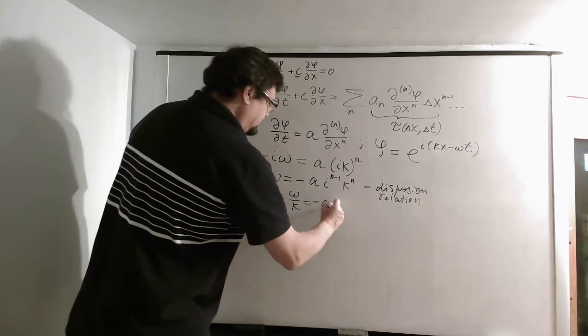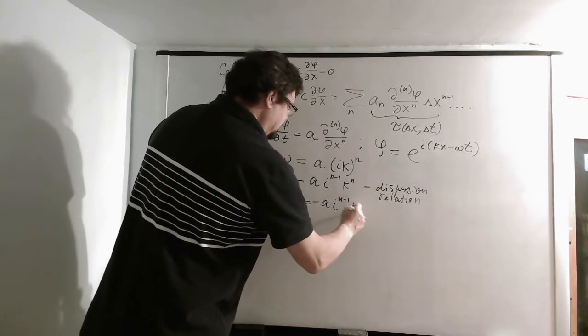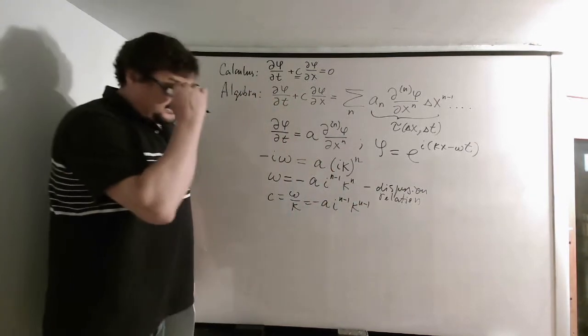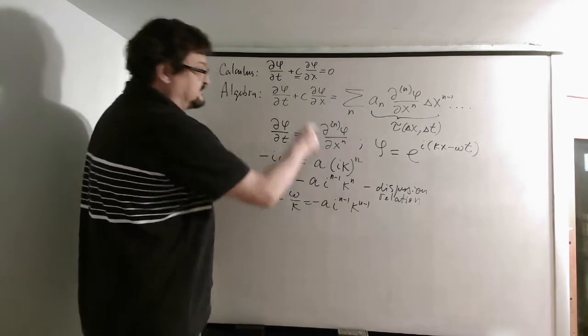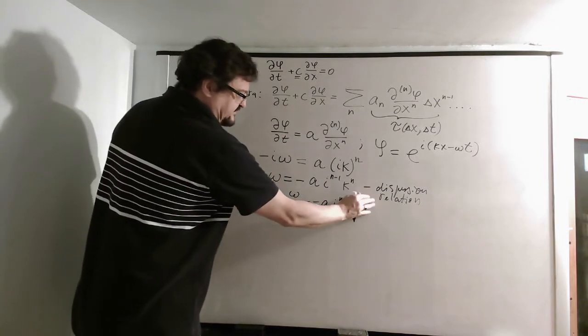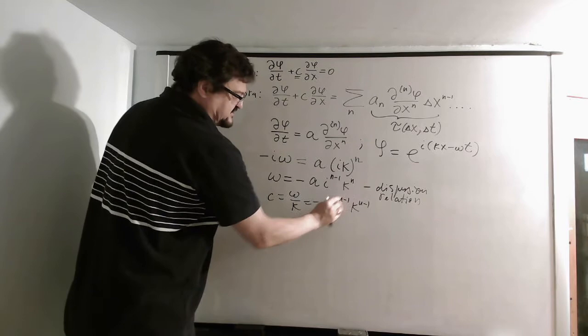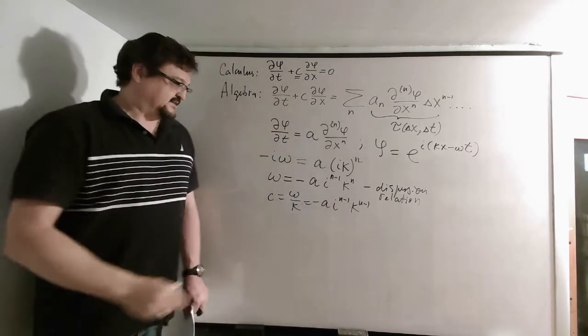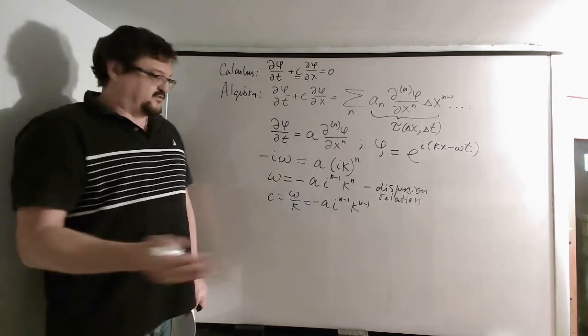In our case it becomes k^(n-1) here. So for n equal to 1, for our original equation, this vanishes and we have some constant. So our velocity, as we talked before, is constant.